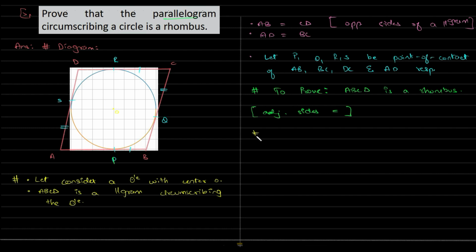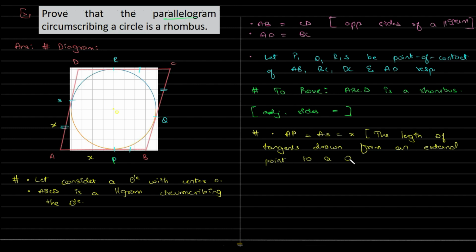So we begin with AP being equal to AS, which is equal to X. Why are they equal? The lengths of tangents drawn from an external point to a circle are equal.